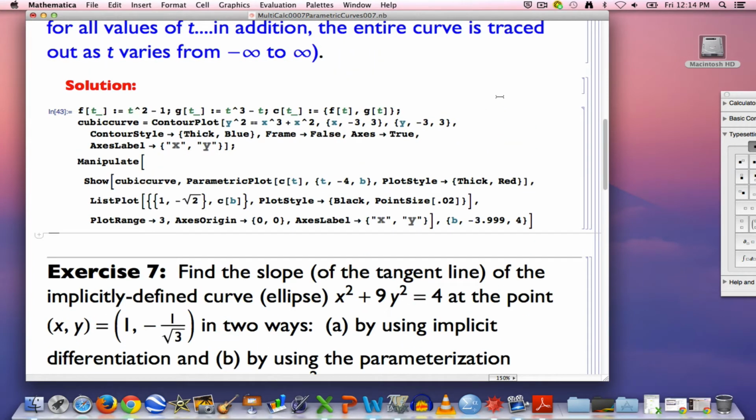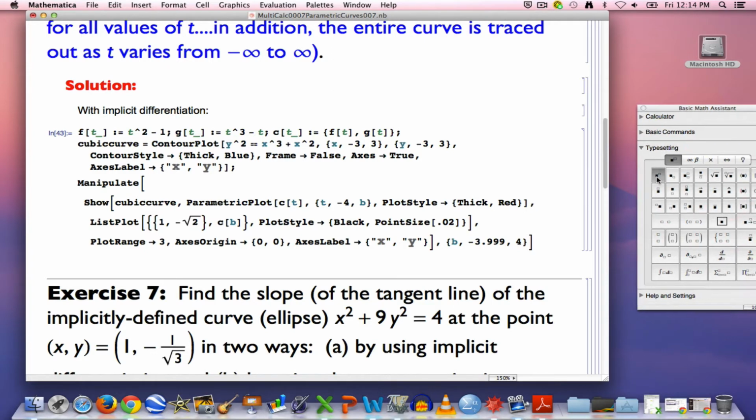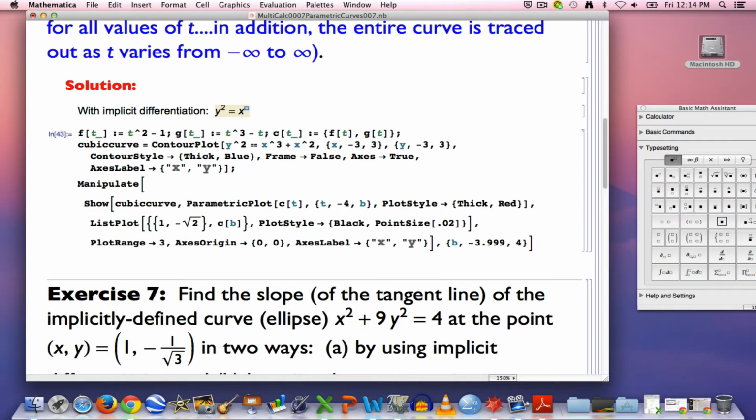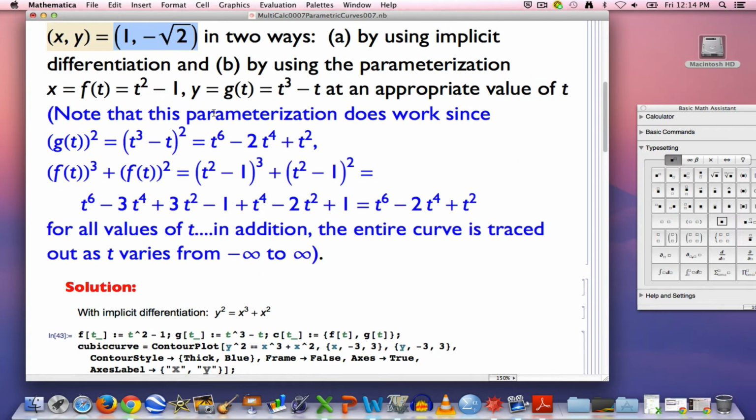First of all, with implicit differentiation. What you do is you start off with the equation for the curve: y squared equals x cubed plus x squared in this case. And you look at this equation and you say, I can think of y as a function of x. Now, it's not always obvious that you can think of the equation as defining y as a function of x near a given point, in this case the point 1 comma negative square root of 2.